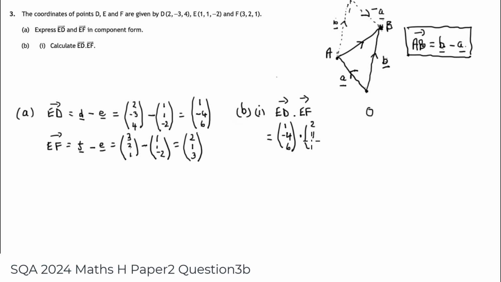And the calculation that's required here is to multiply the X components together, multiply the Y components together, and multiply the Z components together and add the results. So we've got 2 plus negative 4 plus 18, and that comes to 16.